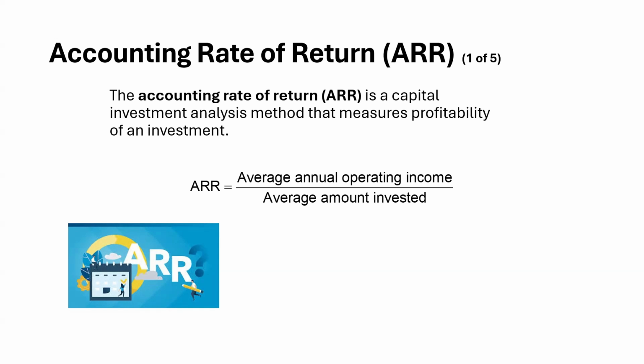The primary difference is that ARR is used to evaluate the lifetime return of an investment, and return on investment is used to evaluate an annual return. That's the difference.